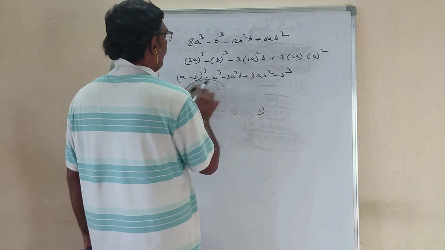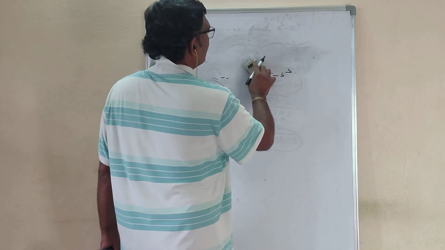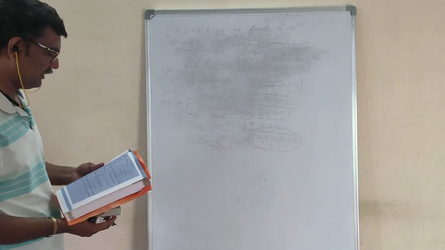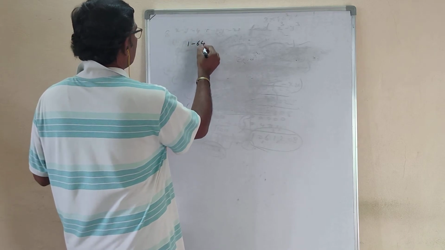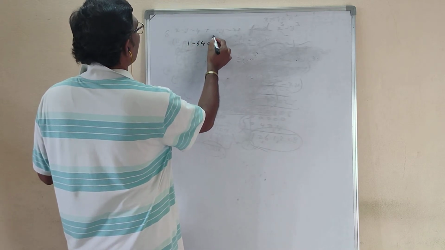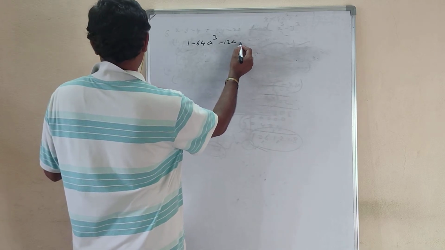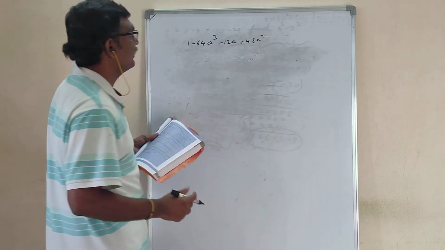Now one more problem. How to do factorization? What is that? See here, 1 minus 64a cube minus 12a plus 48a square is given here.